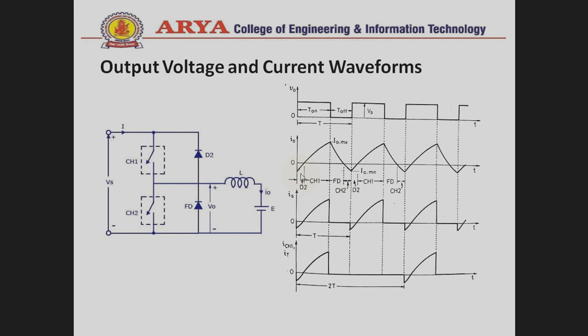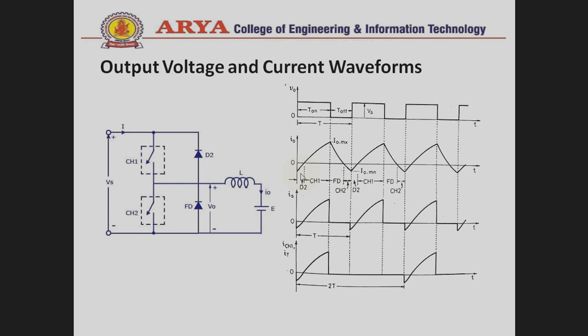The load current I out can reverse its direction, and current I out flows in the arrow direction as marked in the figure. The load current is positive when CH1 is on or freewheeling diode conducts, and load current is negative when CH2 is on or D2 conducts.